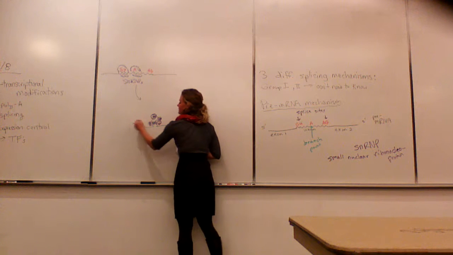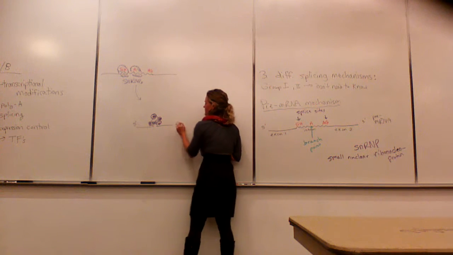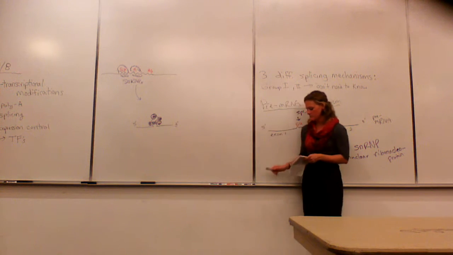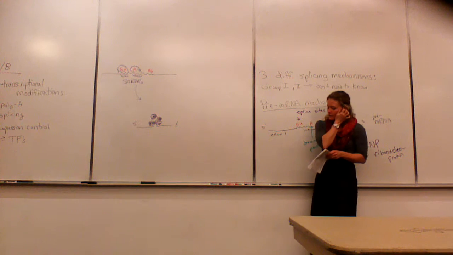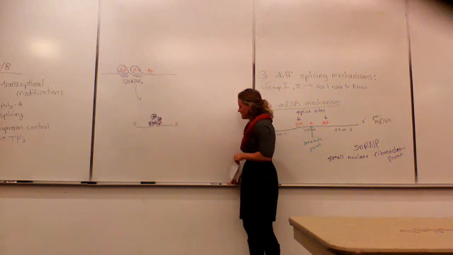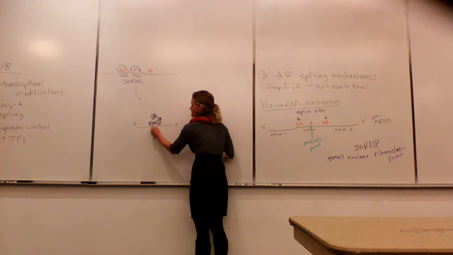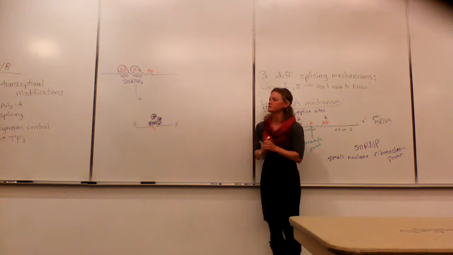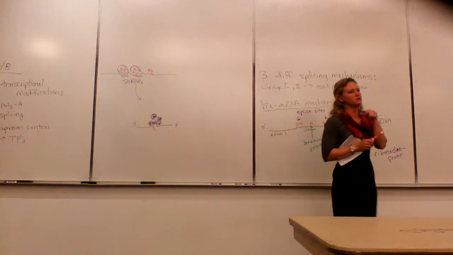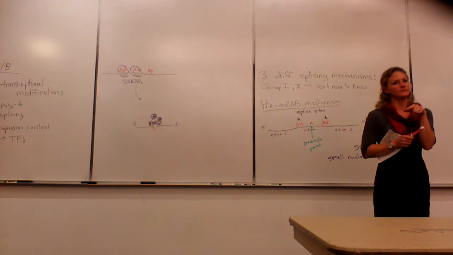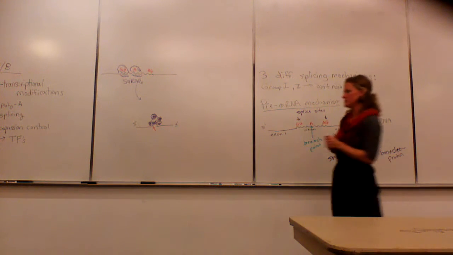So still our 5' and 3' end. And what they're going to do specifically is the first cut is going to be here. Okay? So the first cut happens at that GU splice site, the 5' splice site.